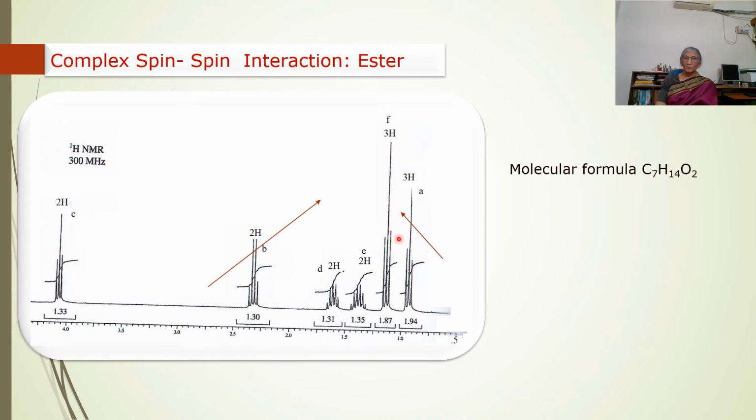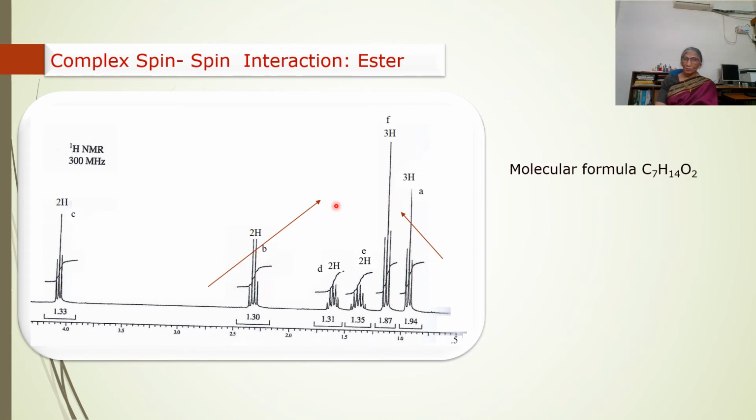Now observe signal A and signal B. Signal A is a triplet, and the intensity of the peak is 1:2:1, and the inner peak is slightly longer than the outer peak. Similarly, signal B is a quartet, and the intensity should be 1:3:3:1, but the inner peak is slightly longer than the outer peak.